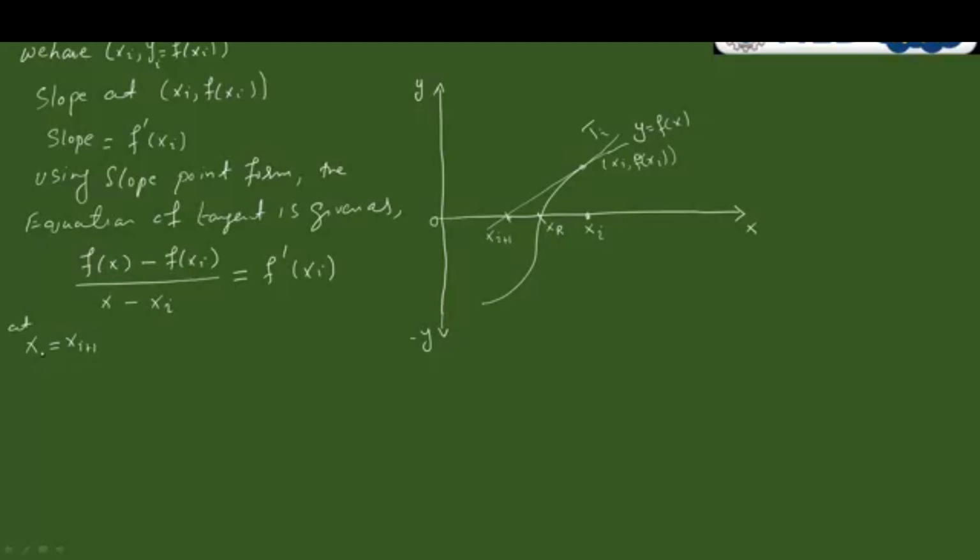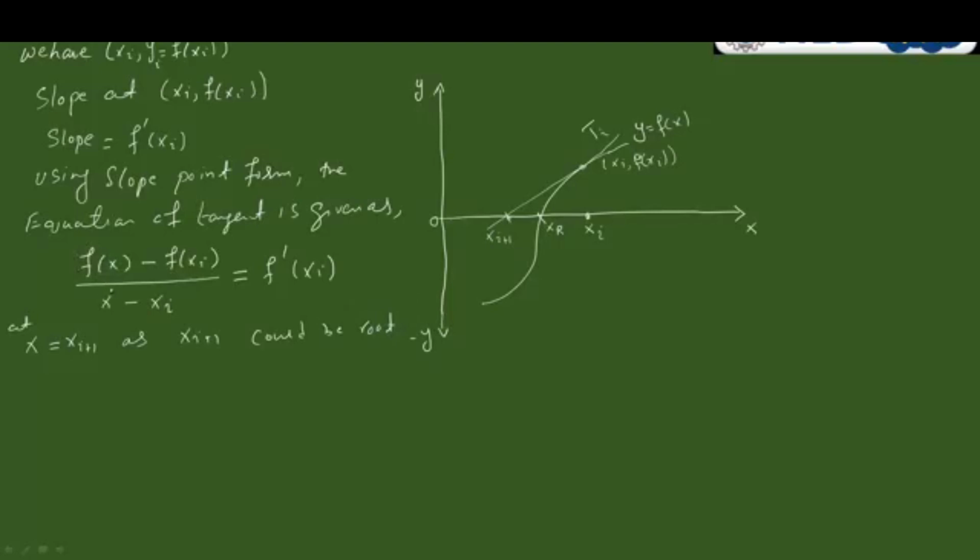So according to Newton Raphson, if xi is the point that I have used, then xi plus 1 could be a root. It's not necessary, but this is the assumption, this is the approximation.